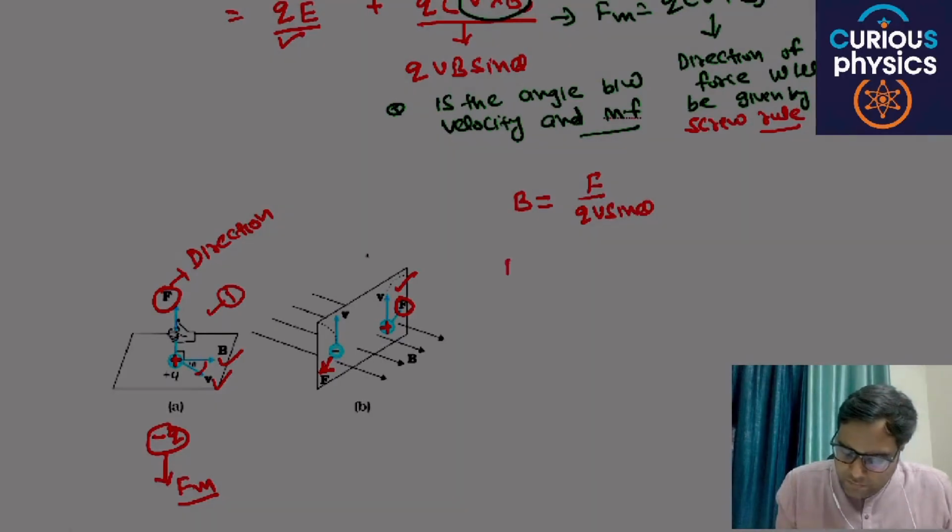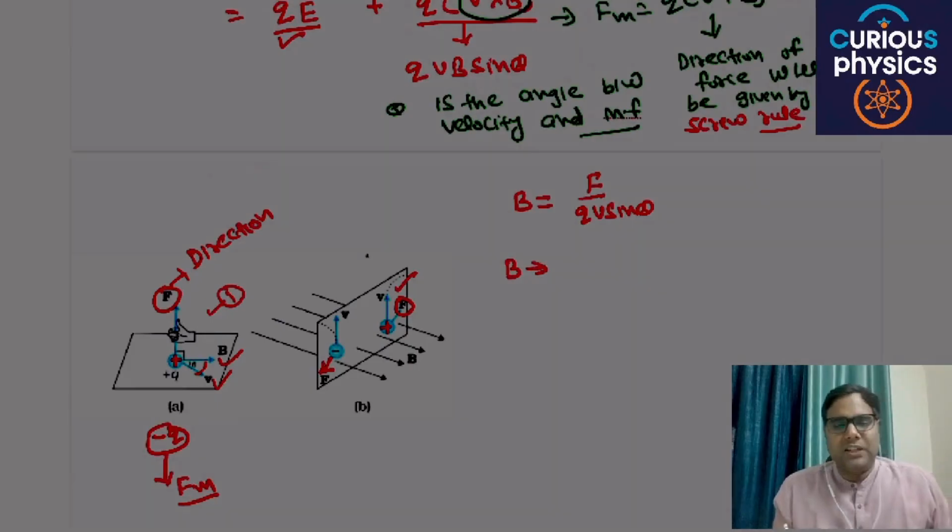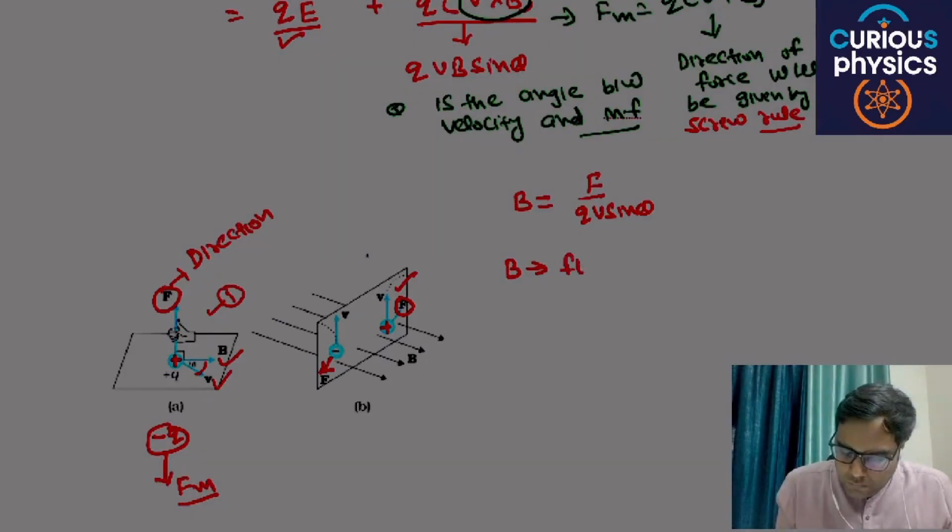Now, in many points, the magnetic field is the same as the electric field. It follows the superposition principle.